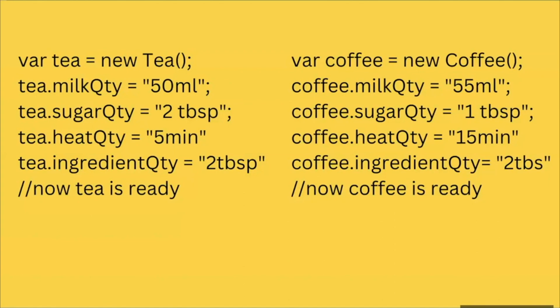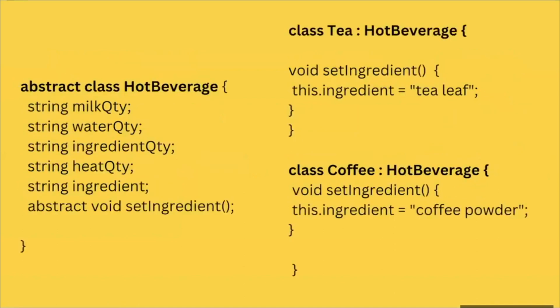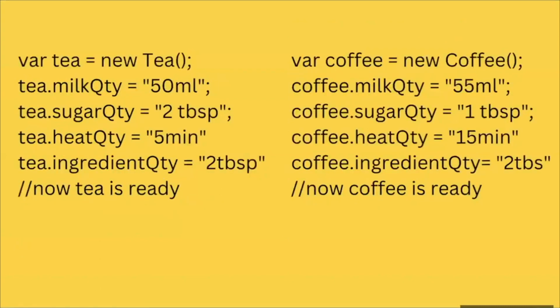For example, let's say somebody forgets to set milk and water, right? Then the tea won't make sense. And this is a very hypothetical example. We can compare it to, let's say, an HTTP request body generator. In an HTTP request, let's say the URI is not there, but the body is defined in a POST method. That won't make sense. So ideally, you should not even be able to create an object for that.